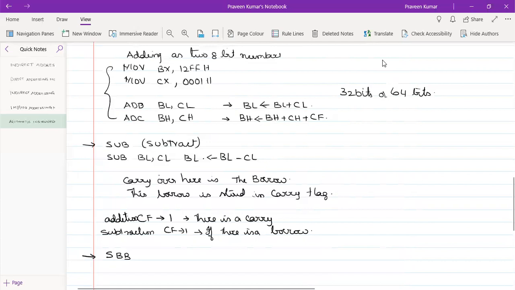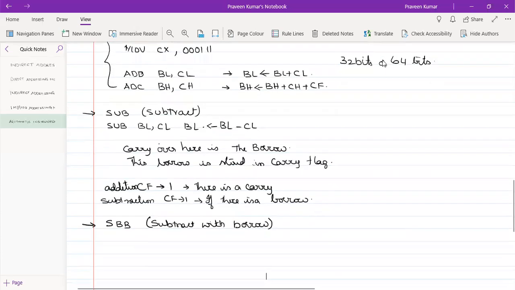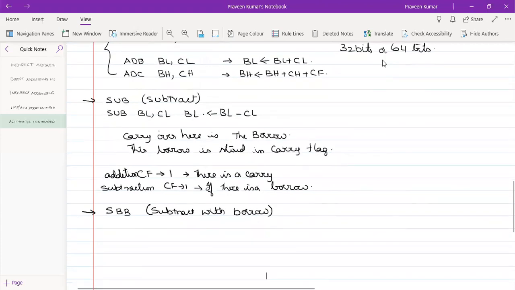So the next type of instruction is SBB. By this time you might have understood: subtract with borrow. The same is the case with what we discussed in ADC, that is, add with carry. Here it is subtract with borrow. If I say SBB BL, CL, then BL will have the value BL minus CL minus CF.